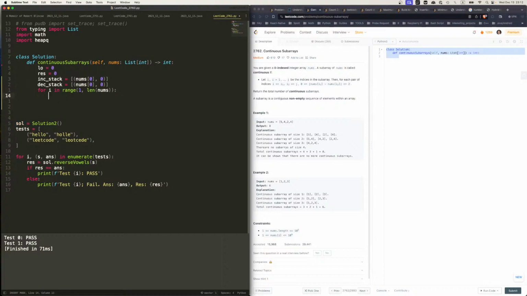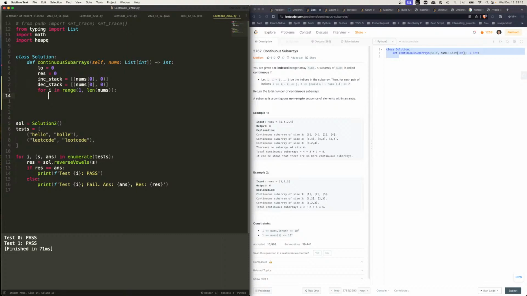Right? All we do is for the stack, we check if the current one is within range of the end, the difference between the current one and the end. If it's too big or too small, right? If it's within the range, then we just put it in, right? We just put it in. And for the increasing array, we will always append something bigger.